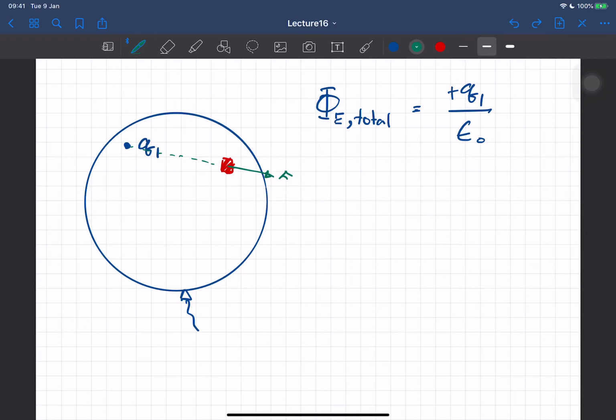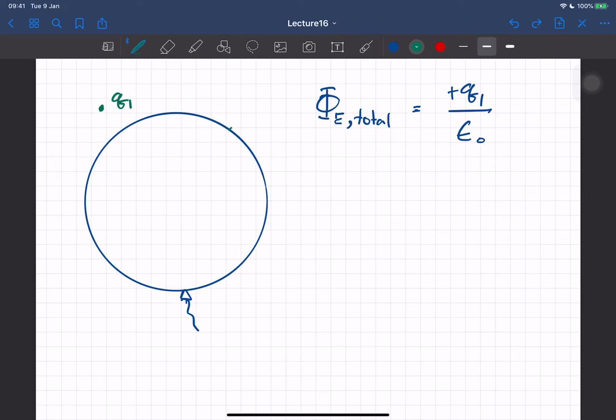So if Q1 is outside the balloon, let's say I move Q1 to be outside the balloon, like here, then the total flux through this balloon will be 0 because there's no charge inside the balloon, right? So this is what Gauss' law tells us, that the total flux through this balloon, and the balloon doesn't have to be spherical, it can be any shape, right?